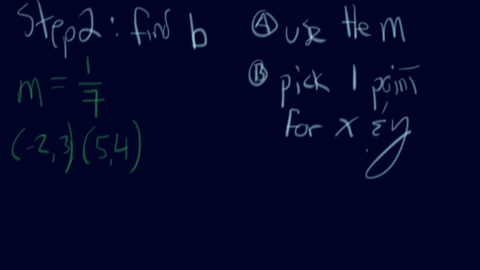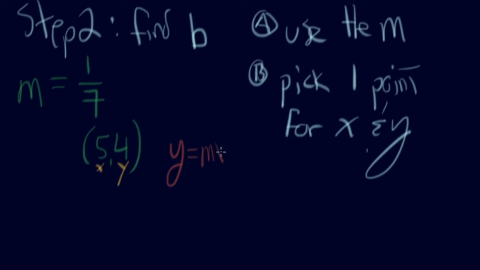If I'm a kid, I'm probably going to pick (5, 4) because they're positive. So I'm going to pick that one, so I'm going to erase this one. And these are going to be my x and my y. So that's my x, and this is my y. Great. So you've used the m, and you pick a point. So what are you doing with all that? You're going to replace it into y equals mx plus b. So that is slope-intercept form.